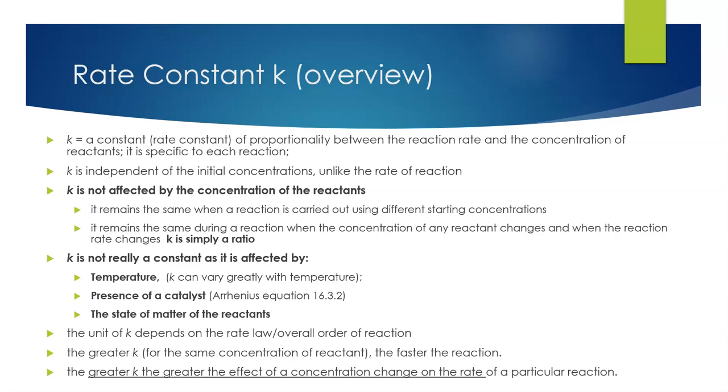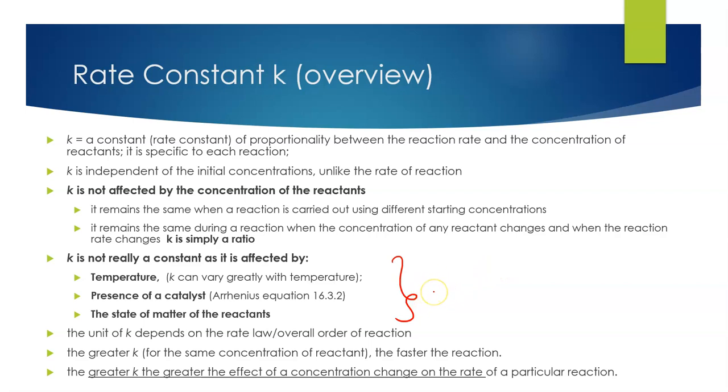It is a ratio. So as we said, much like the equilibrium constant, it is not really a constant because it can be affected by a number of different things. Like equilibrium, k is affected by temperature, but it is also affected by the presence of a catalyst and the state of matter of each of the reactants. So whether it's a solid, liquid, or gas.